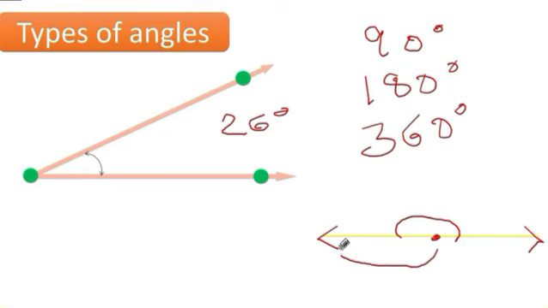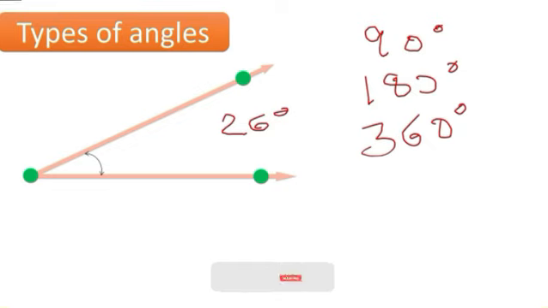This is one ray, this is the other ray. These two rays together make a straight sleeping line or a standing line. So that is a 180 degree angle.